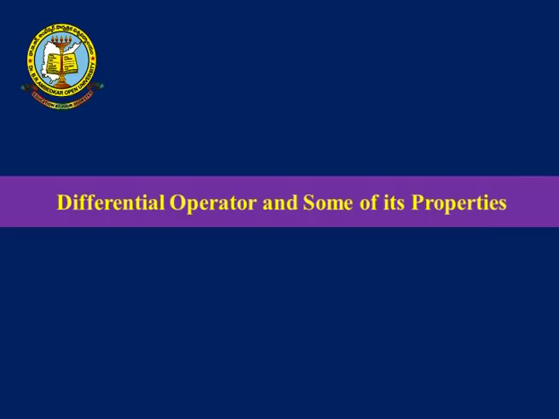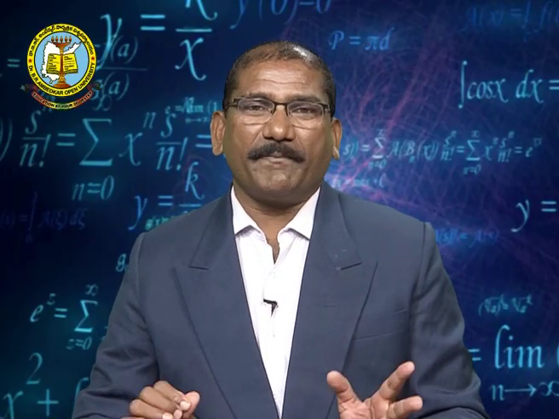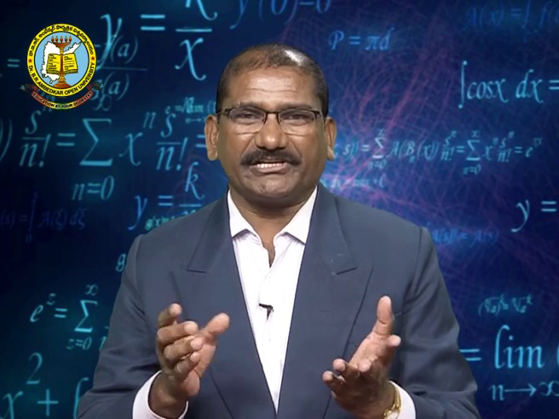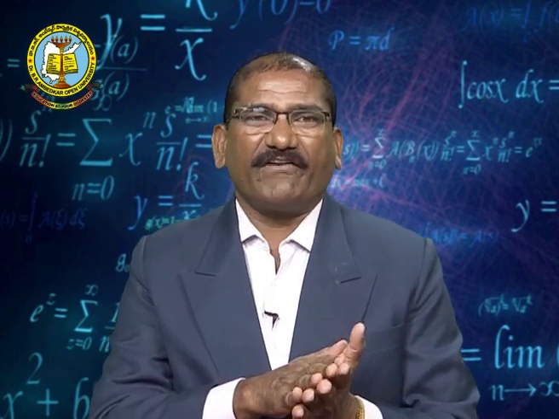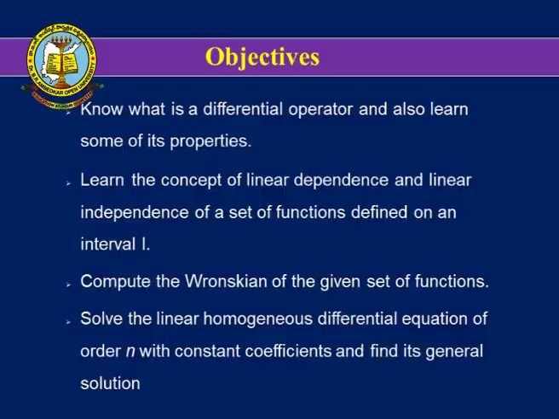Here is a summary of this lesson: differential operators and their properties. Most important are the operators. On the left side, f of D into y equal to 0, so f of D is called an operator. We learned how it is used through its properties. There are different kinds of functions and different kinds of linear differential equations.